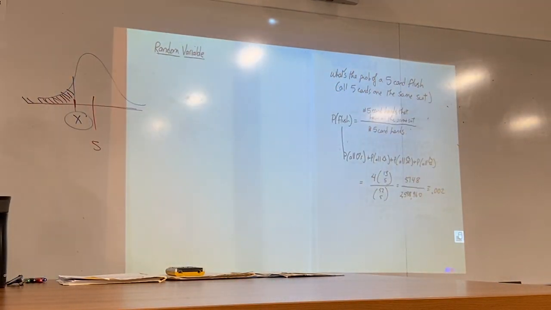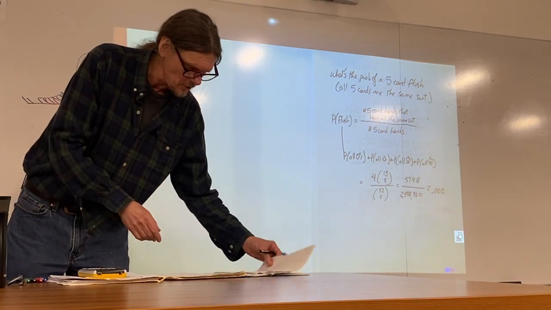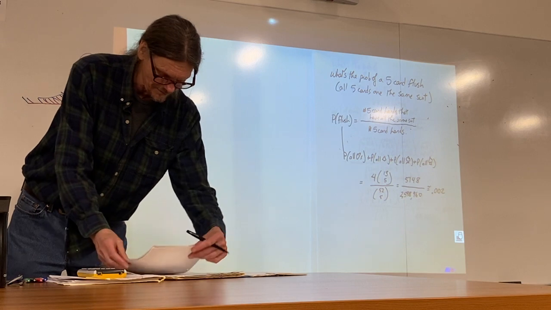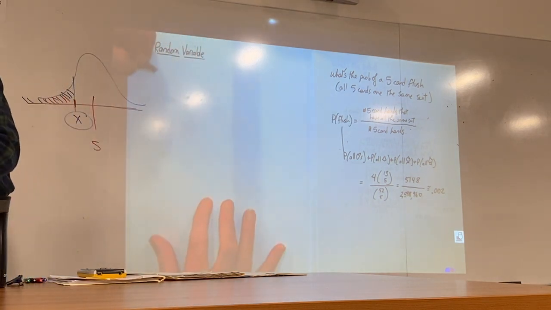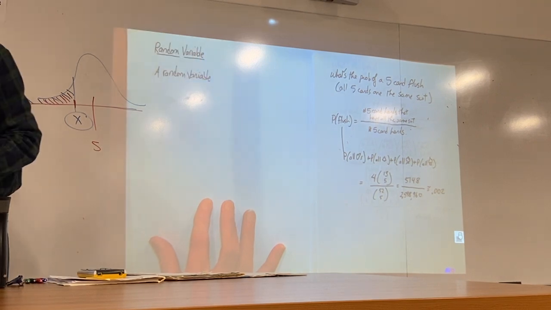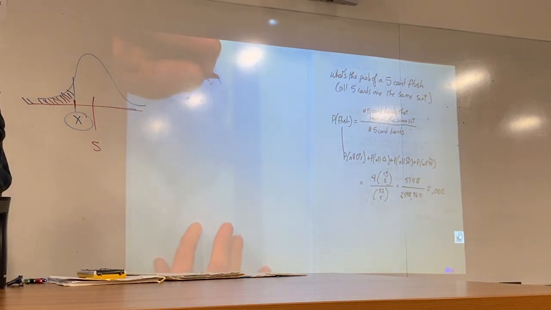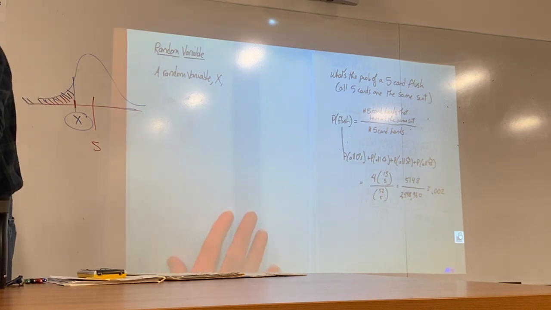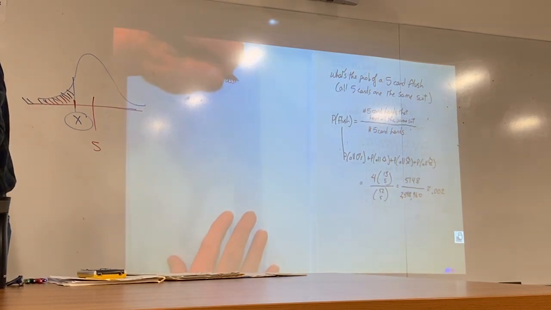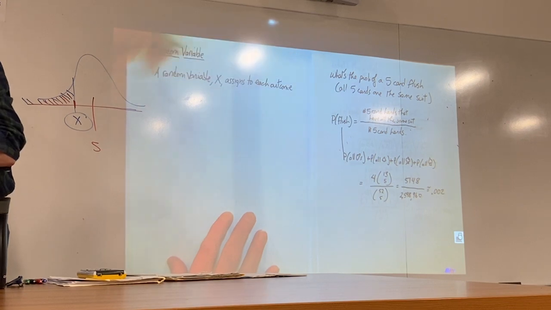So a random variable, let's try to follow some notes today. A random variable, usually we give it a capital letter like X, assigns to each outcome a number.